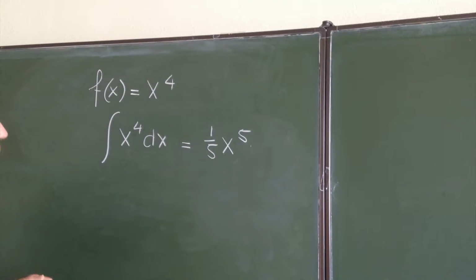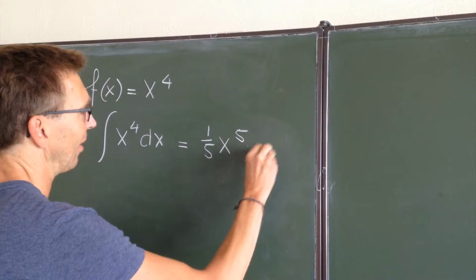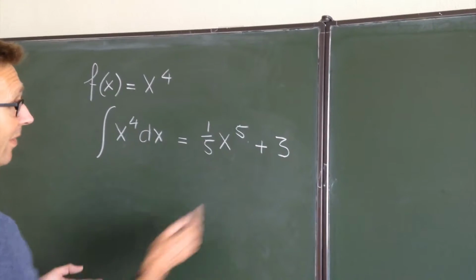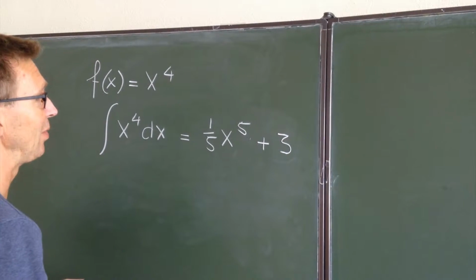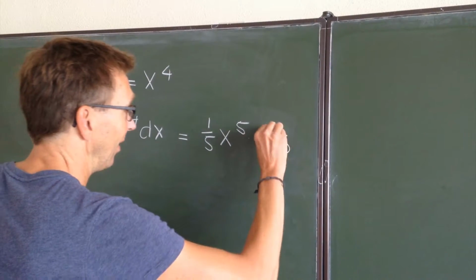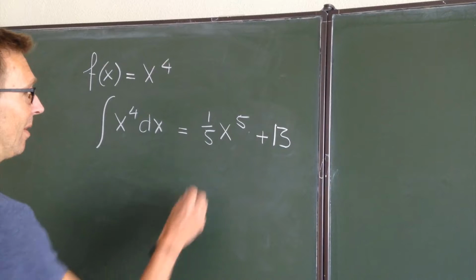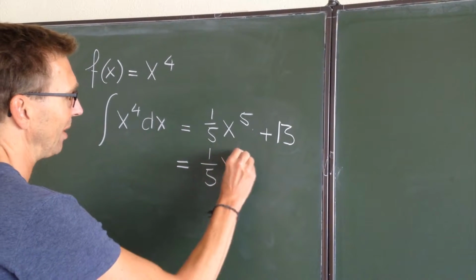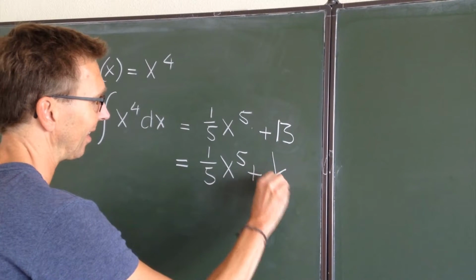But you also could have come up with 1/5 x to the power 5 plus 3, because the derivative of 3 equals 0. Or you could have come up with 13 here. In general, you can say that you can always add a constant k to a primitive.